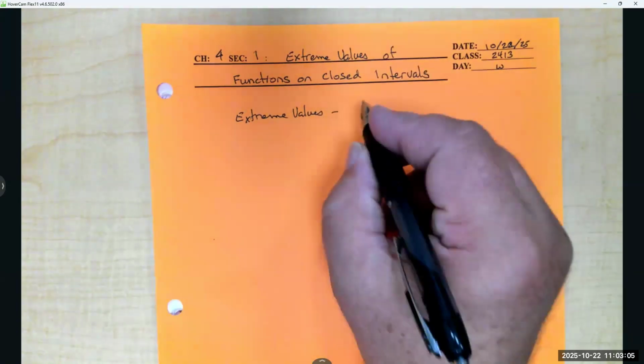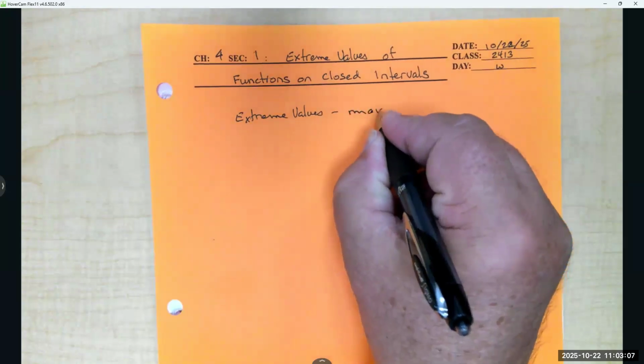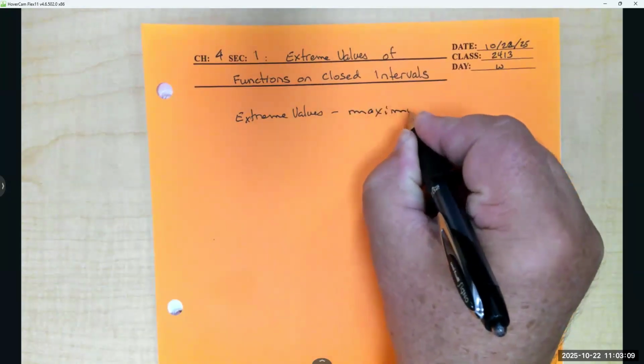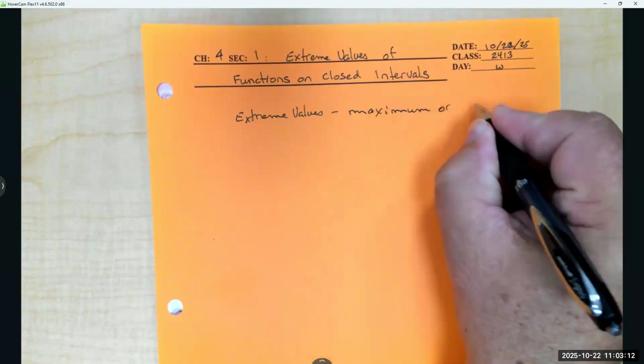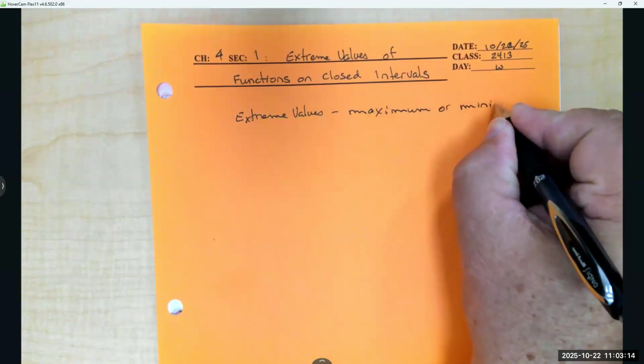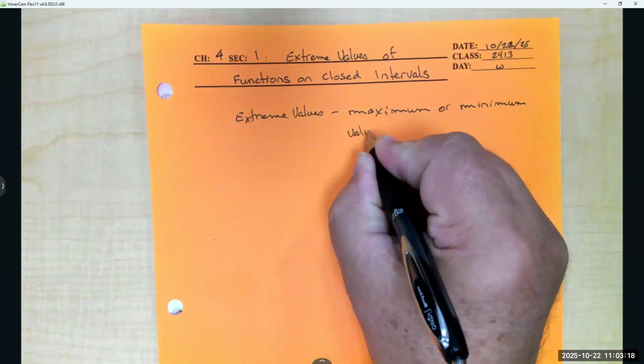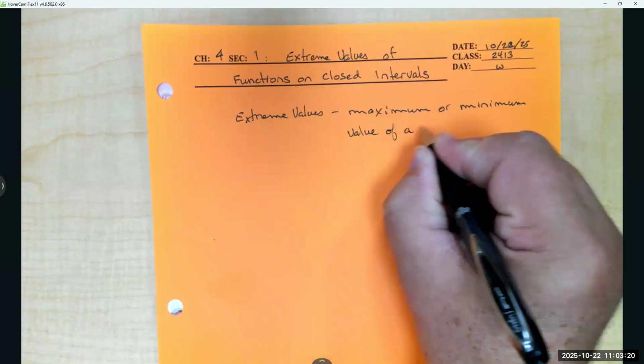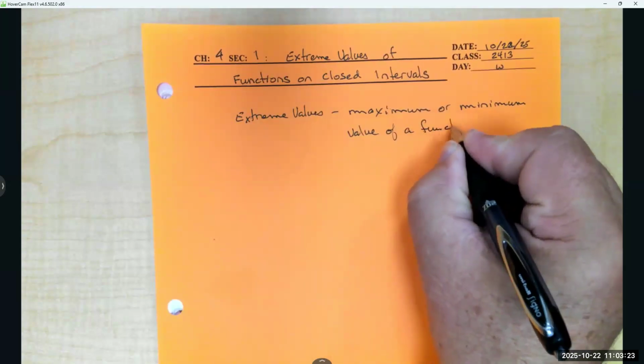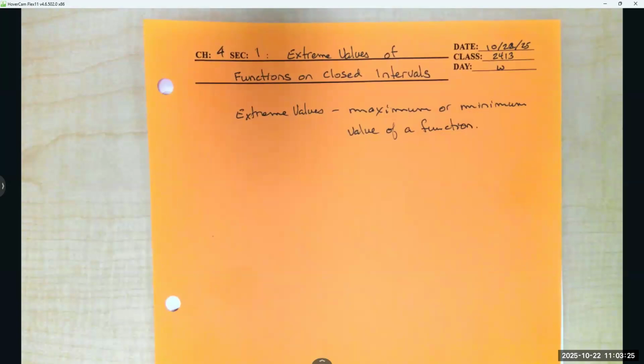Yeah, the maximum or minimum value of a function. That's pretty much it.